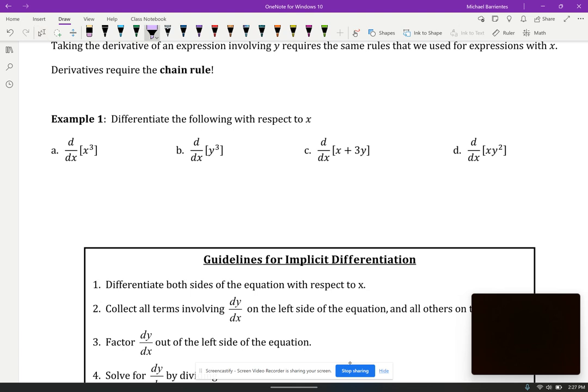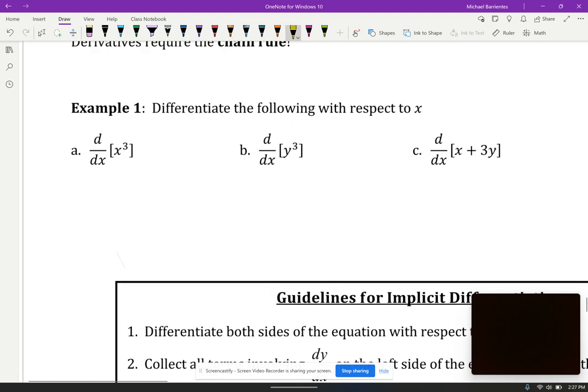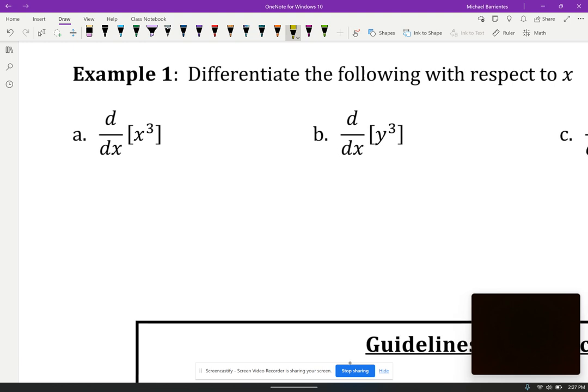So when I look at example one, we have three different situations. So the question is, do I have an implicit or an explicit setup? When I look at letter A, I'm taking the derivative of this with respect to x. And so I ask myself, is this expression in terms of the variable that I'm taking the derivative with respect to?